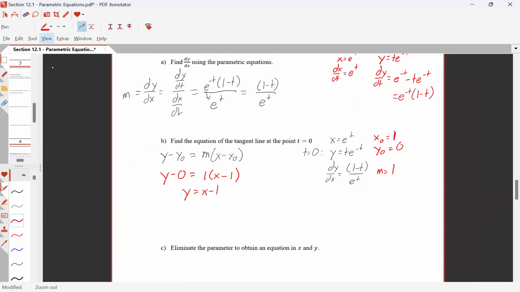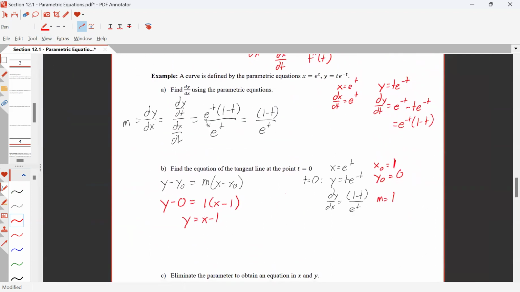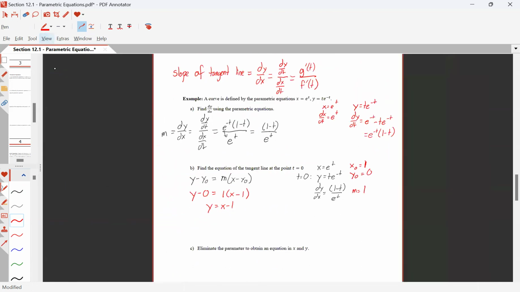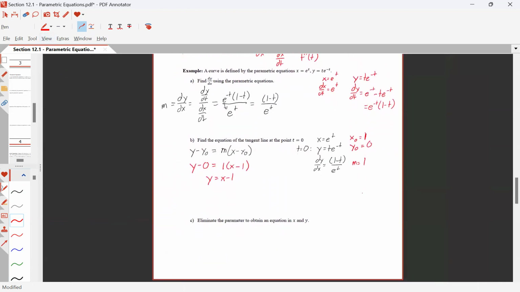We want to add an extra problem here, which is eliminating the parameter to obtain our equation in x and y. And that is eliminating the parameter from x equals e^t and y equals t e^(-t). Eliminating the parameter here, y equals t e^(-t) is also t over e^t.